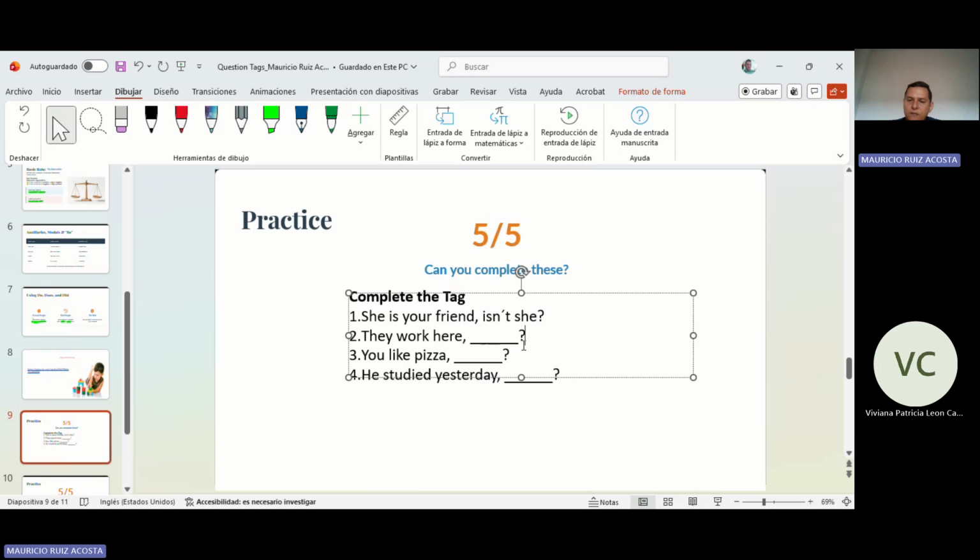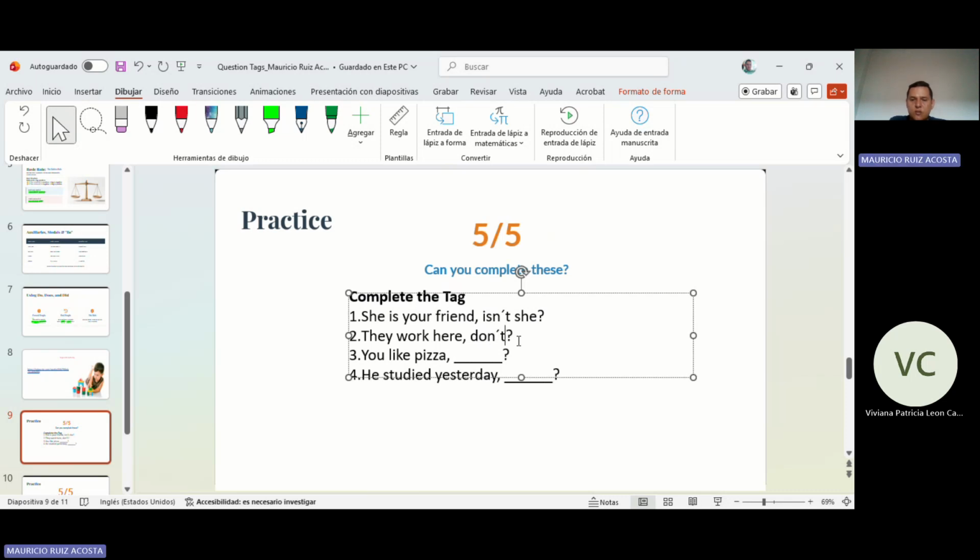And the second one, for example, "They work here." Then the tag question must be in a negative way. Then we put the same auxiliary, do, because we must use do.